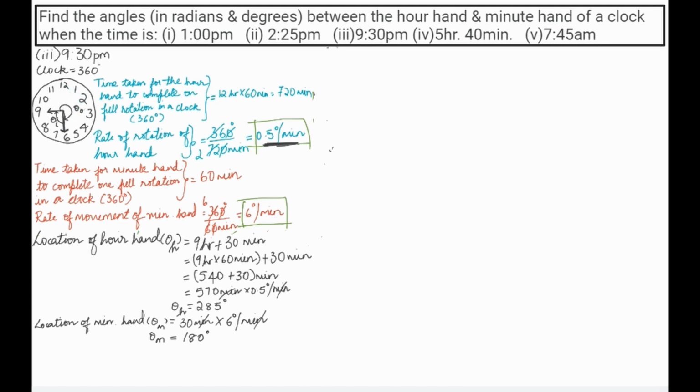Inner angle, that is theta I. So here we can see that the hour hand has moved farther than the minute hand, when we consider 12, that is 60 minutes, or 12 hours, as our starting position. So we have to minus the location of the minute hand from the hour hand.